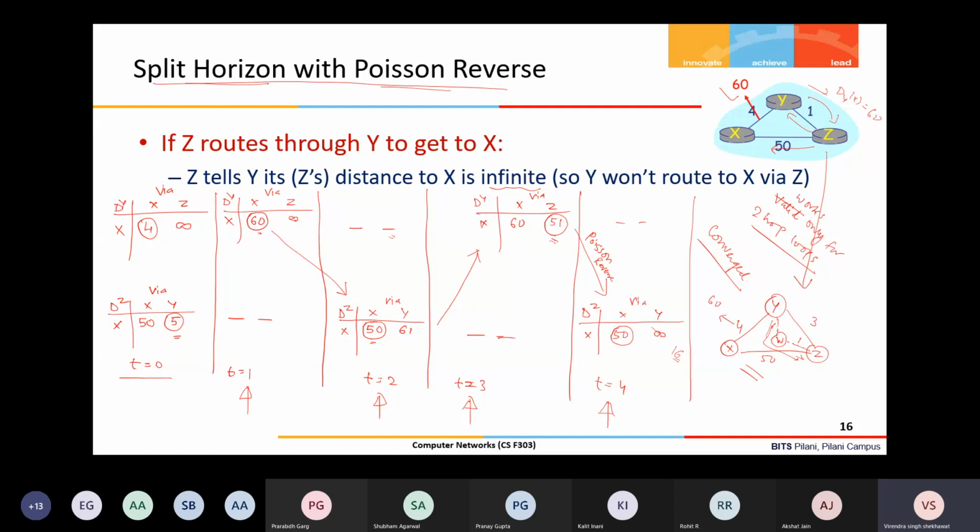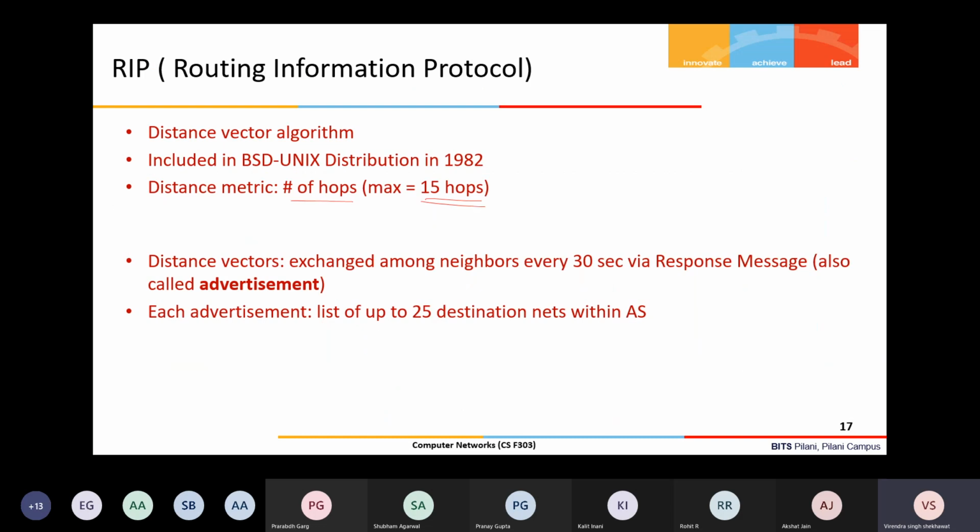You will never have a path with cost more than 15 if the RIP protocol is there. That is also a limitation of RIP, because if an end-to-end path is more than 15 hops, then that communication cannot be successful.